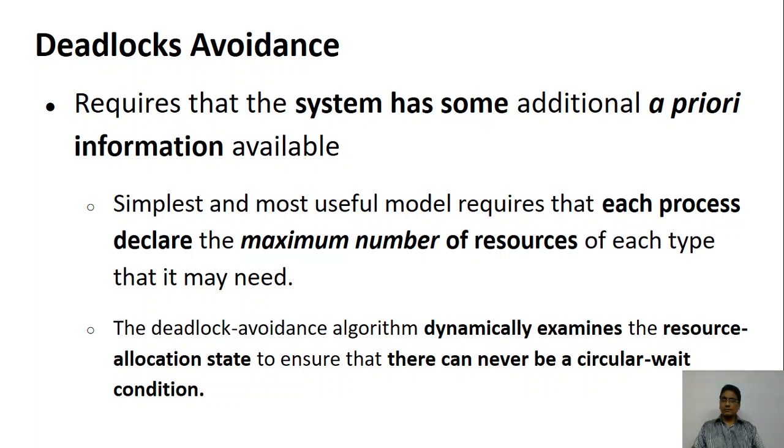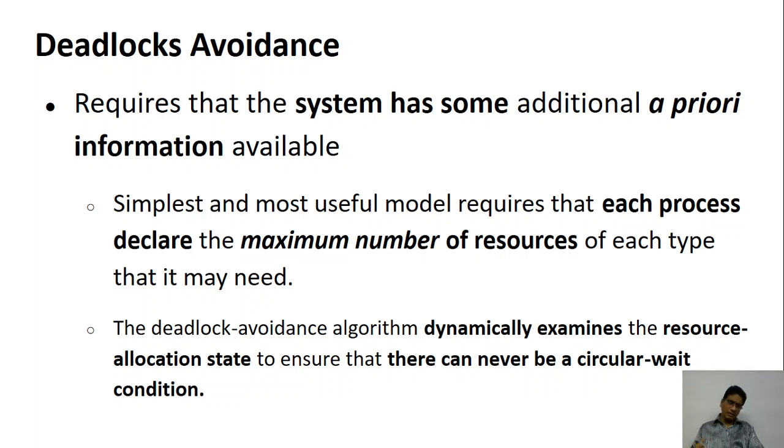So if you know that something is going to happen in future, you can avoid it. But if you really don't know what is going to happen in future, there is no possible way that you can avoid it. In the same way, in deadlock avoidance, if you know how much a particular process is going to request in future, then we can keep those resources ready. If I know beforehand that a process is going to require a resource next, I can keep it ready.